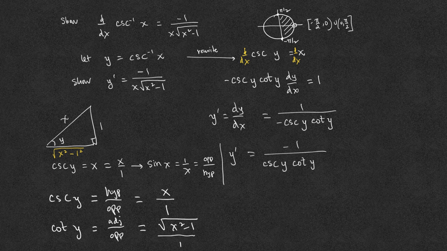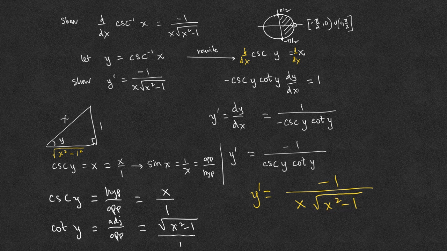And so we can rewrite y prime as negative 1 over cosecant of y, which is x over 1 or x, times cotangent of y, which is the square root of x squared minus 1. And this shows that the derivative of cosecant inverse of x is negative 1 over x times the square root of x squared minus 1.